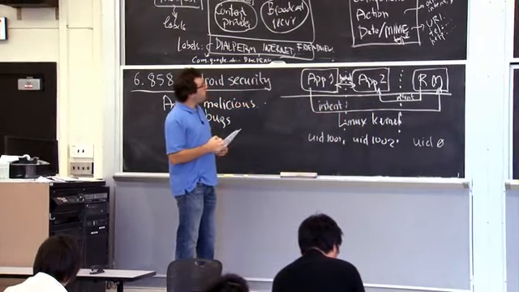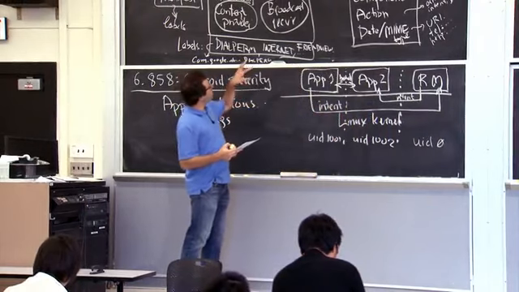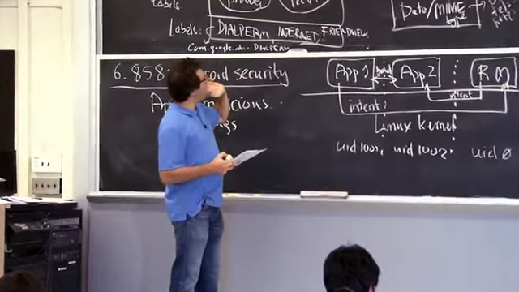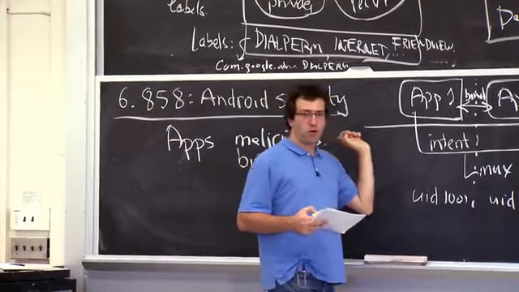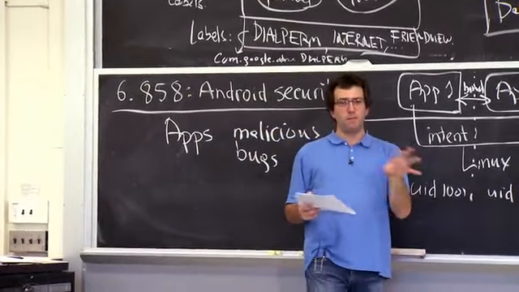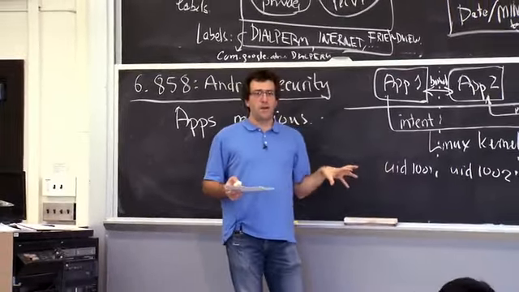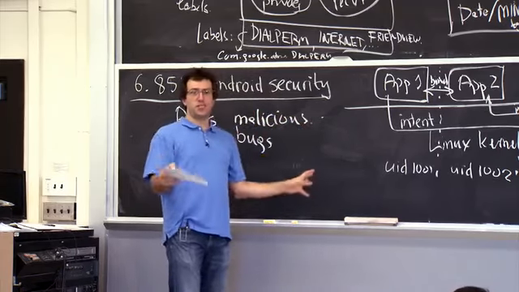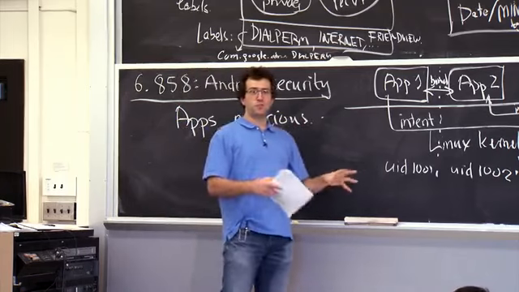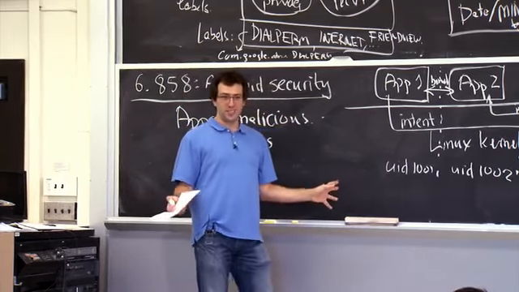In particular, with the broadcast receivers, if you're sending a broadcast message to all the other components in your system, I think in the initial version of Android, you just sent this message, and other applications could either subscribe or not subscribe to these messages.